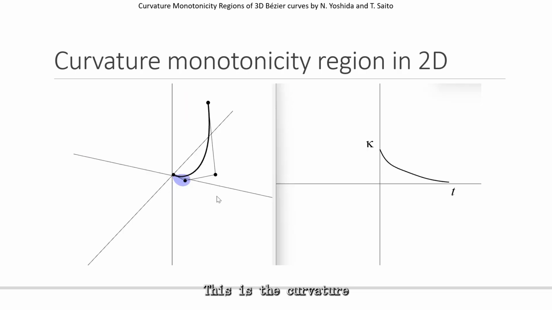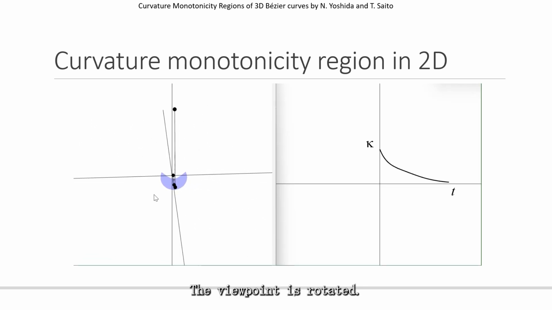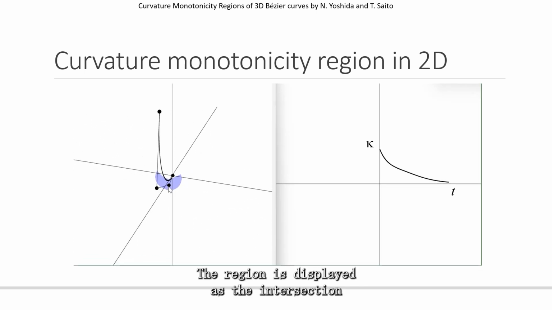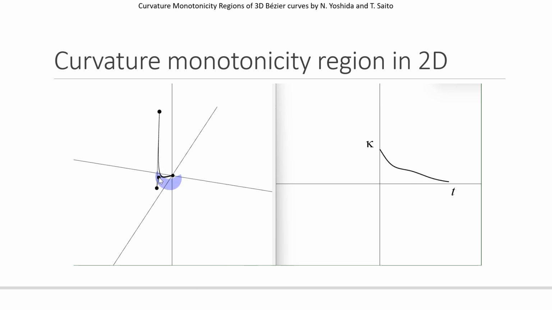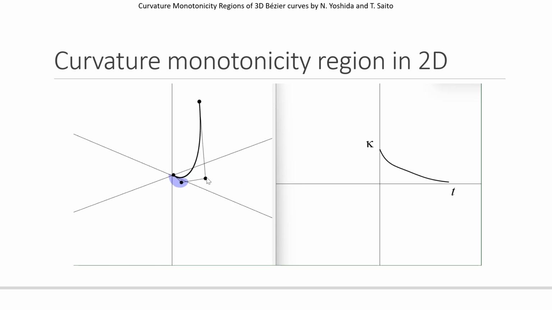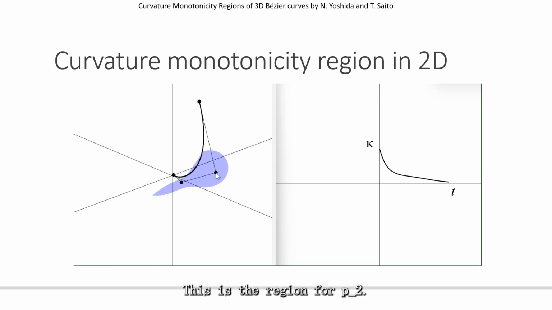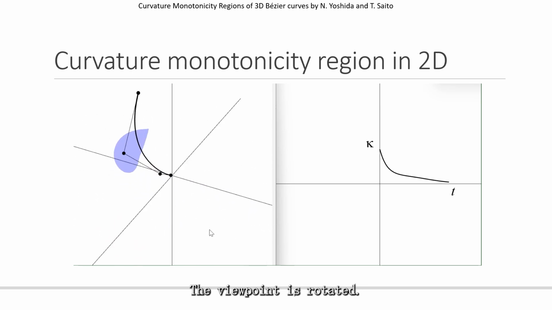This is the curvature monotonicity region of P1. The viewpoint is rotated. The region is displayed at the intersection with a constant depth plane of P1. This is the region for P2. The viewpoint is rotated.